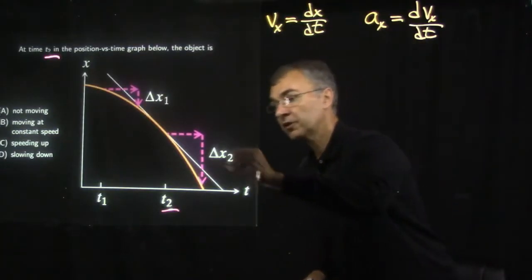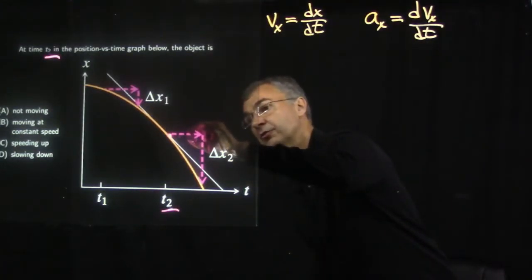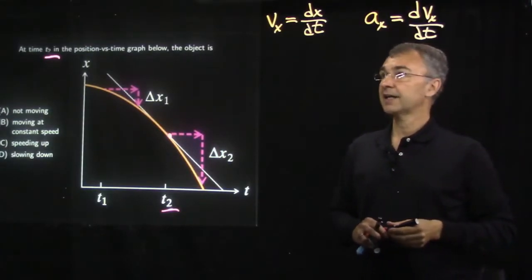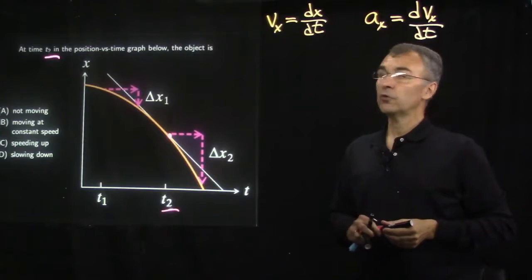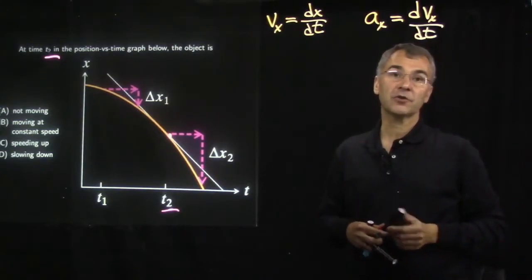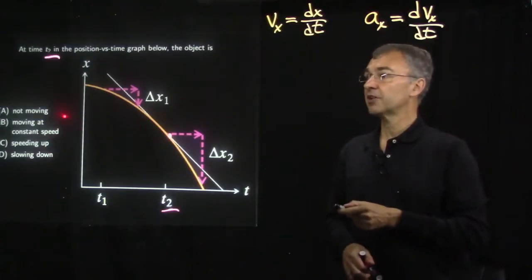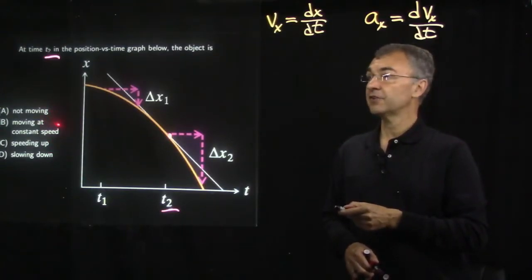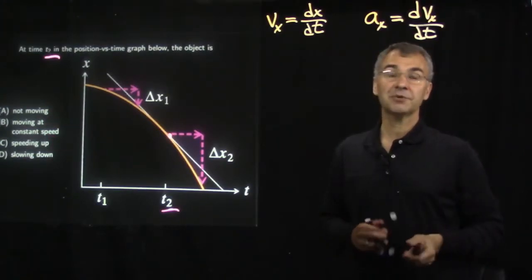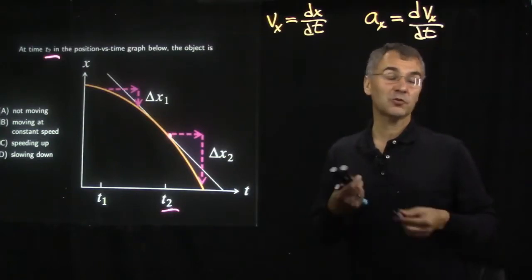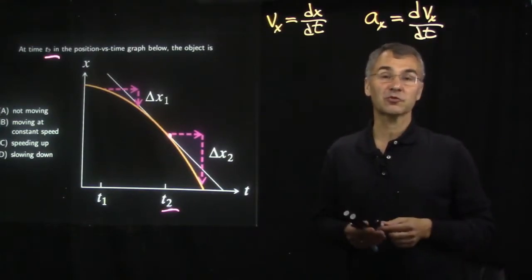So I guess we want to focus on what's happening somewhere around this point. And at time t2, the question wants us to ask, is the object not moving? Is the object moving at constant speed? Is the object speeding up? Is the object slowing down? So let's go through one by one and try to either confirm it or rule it out.